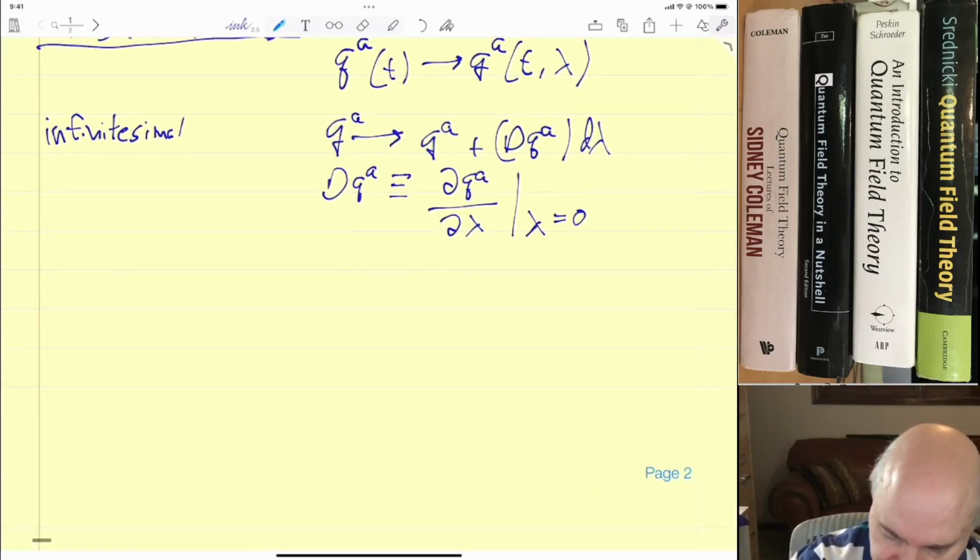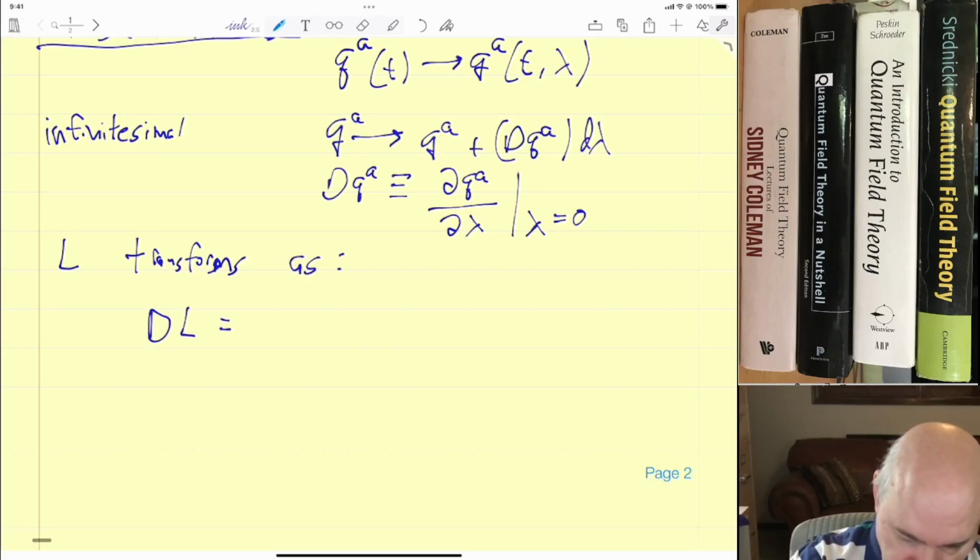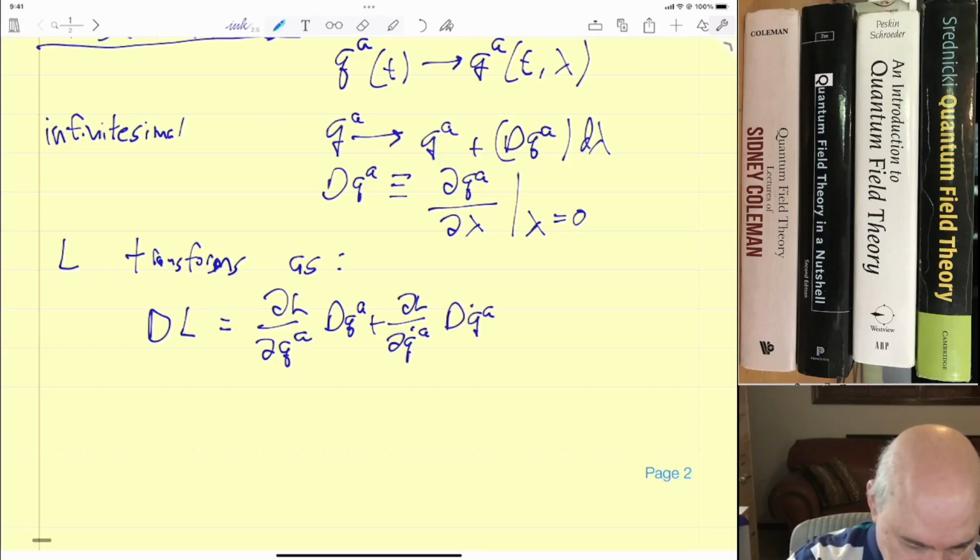So now the Lagrangian L transforms as delta L. It's the partial of L with respect to q_A delta q_A plus the partial of L with respect to q dot A delta q dot A. I guess we're assuming no explicit time dependence here.